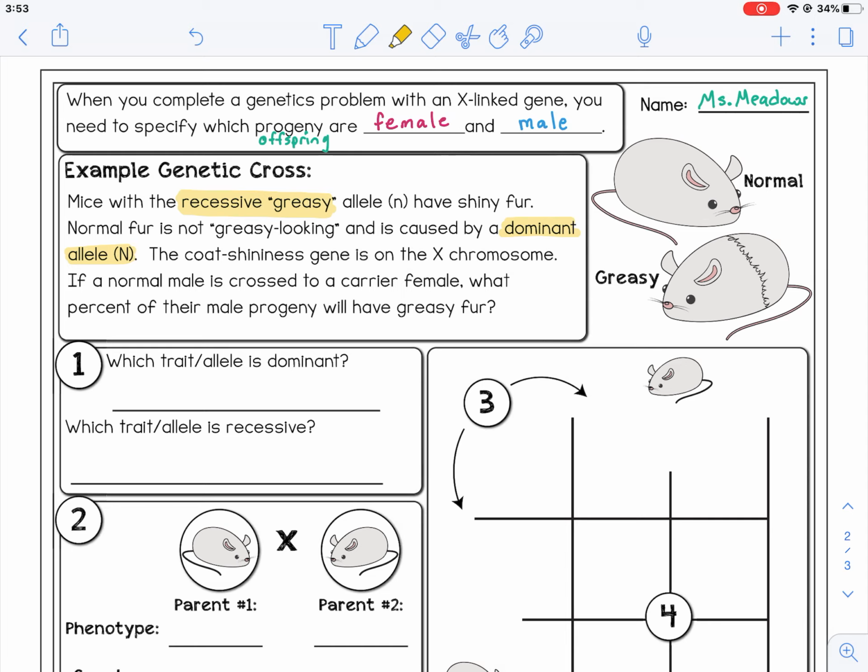The coat shininess gene is on the X chromosome. So it is an X-linked trait. If a normal male is crossed to a carrier female, what percentage of their male progeny will have greasy fur?